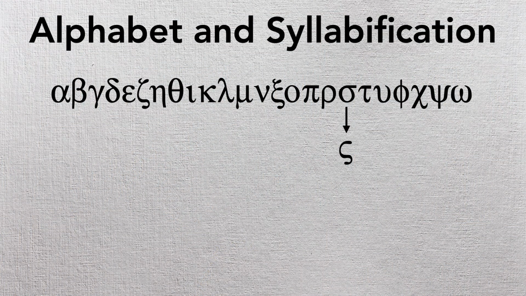So let's try saying the alphabet together again. Feel free to rewind this video as many times as you need to make sure you get this down. This will take a little while, but let's start from the beginning.